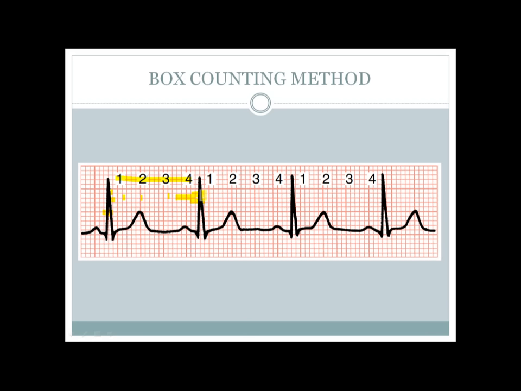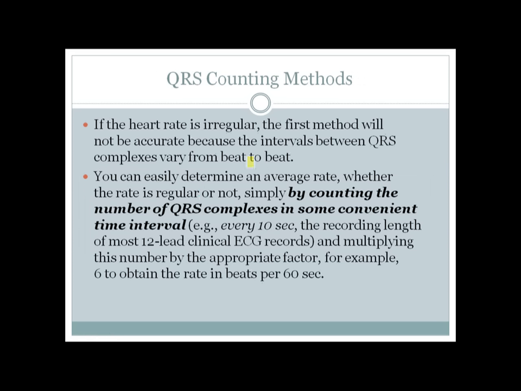Okay. And another important method is the QRS counting method, which is actually very useful when the heart rate is irregular. So you can easily determine the average rate by counting the number of QRS complexes in some convenient time interval.